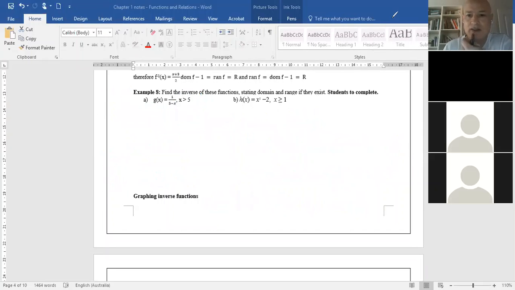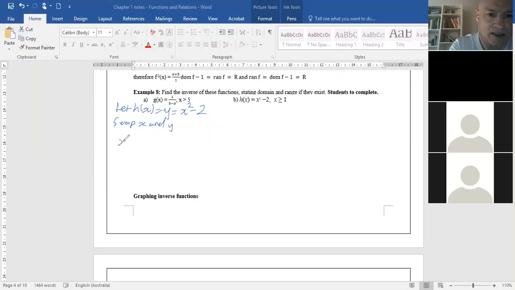Okay, let's do part B. Again, the same thing. Before we can say swap x and y, we're going to say let h of x equals y, which equals x squared minus 2. I'm going to say swap x and y. I can't even remember if I wrote that for the first one.